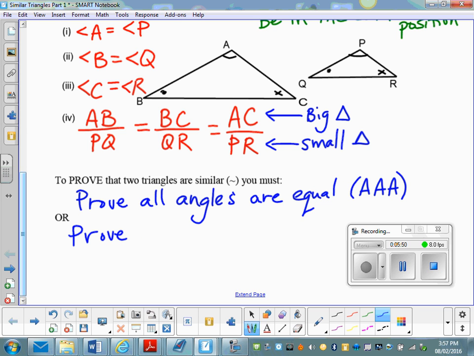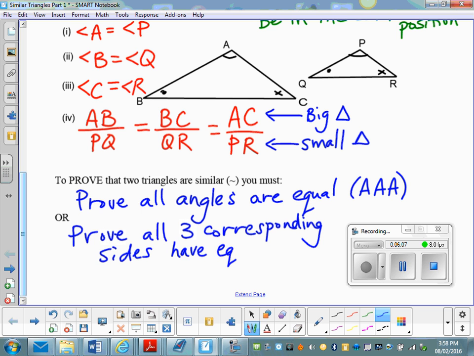And our other option is to prove that all three corresponding sides have equal ratios. And if we use that method to prove that the triangles are similar, then we use SSS for side, side, side.